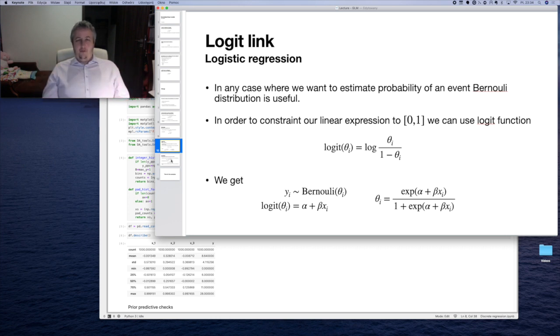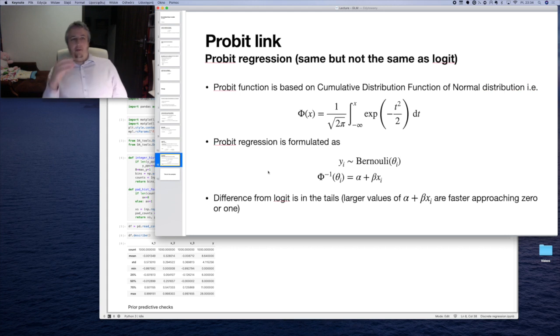The alternative to the Logit function is the probit function, and probit is a bit more complicated because it is based on the cumulative distribution function of the normal distribution, which is the so-called error function, a kind of complicated integral which does not have an analytic value, but is practically computed in many situations.